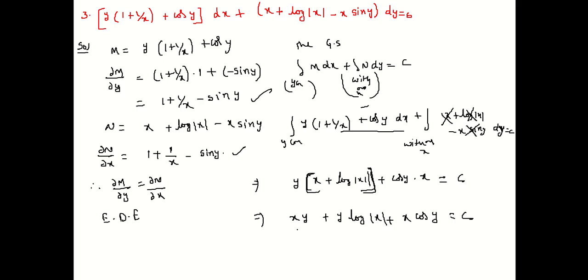So after simplification we get xy + y log|x| + x cos y = c as the general solution, where c is the arbitrary constant.